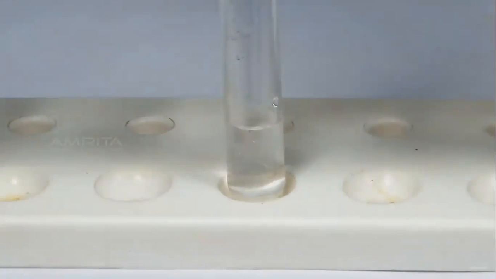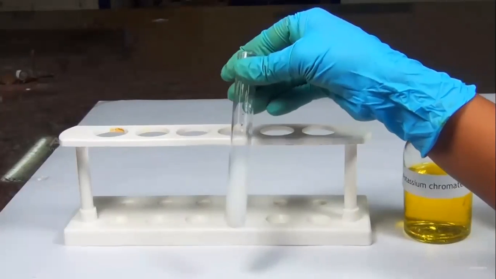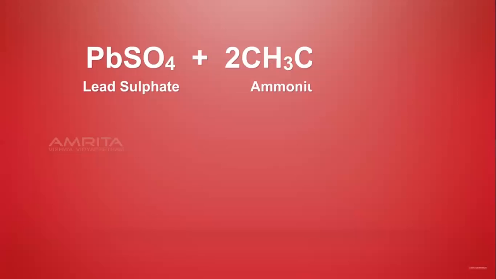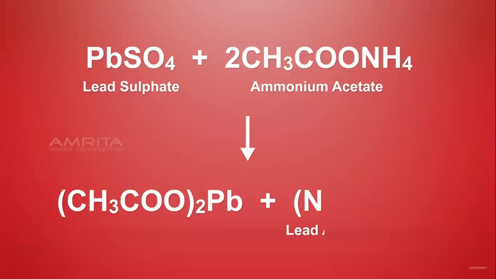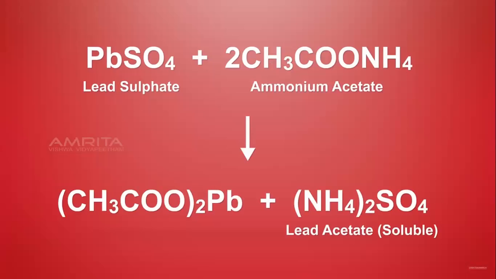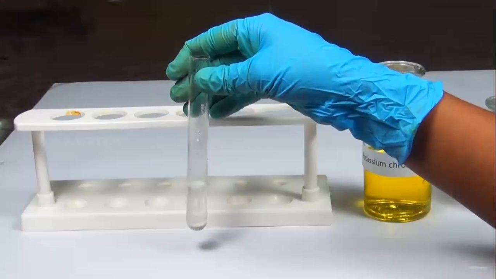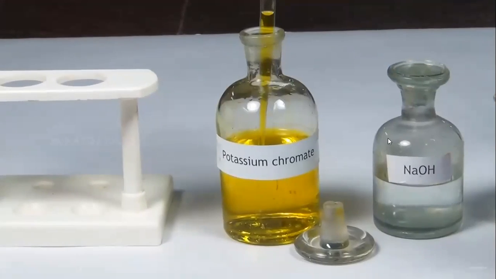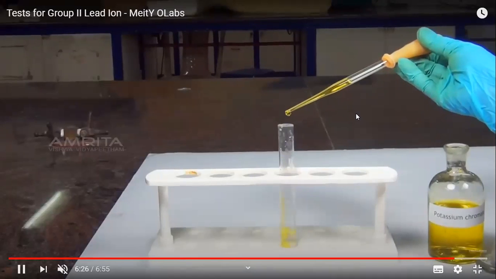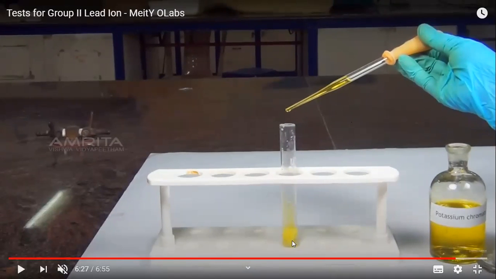This ammonium acetate dissolves the salt and makes it transparent. And then we are going to add potassium chromate to it. As soon as we add the potassium chromate, we can see the yellow precipitates formed.